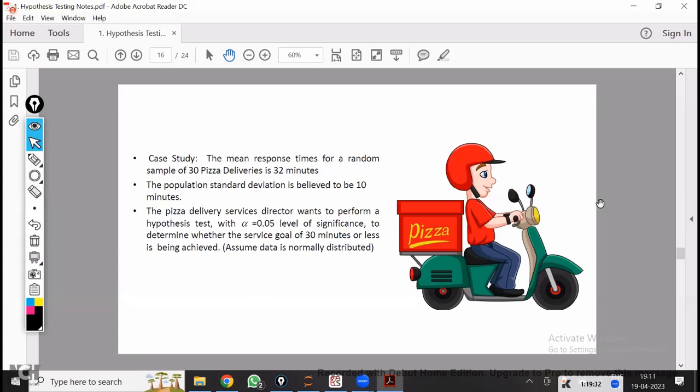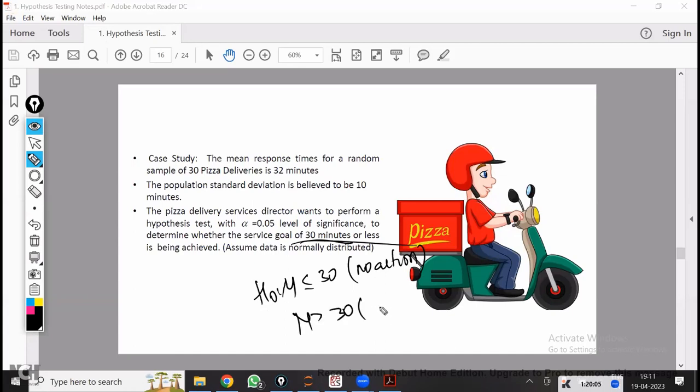If it is more than 30 minutes, they are not happy, and not happy means they'll take action. Their service goal is less than 30 minutes. If it is achieved, they're happy and they'll continue, which means no action is required. That is their requirement and they're satisfying it. And if it is more than 30 minutes, they'll take action.